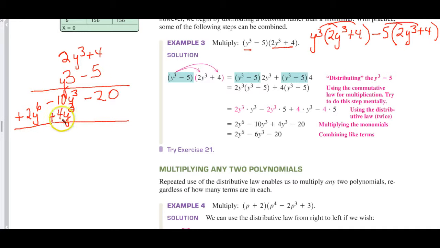And now you just add them up. So this will be a 2y to the sixth minus 6y to the third minus 20. And you get the same answer. Either way.